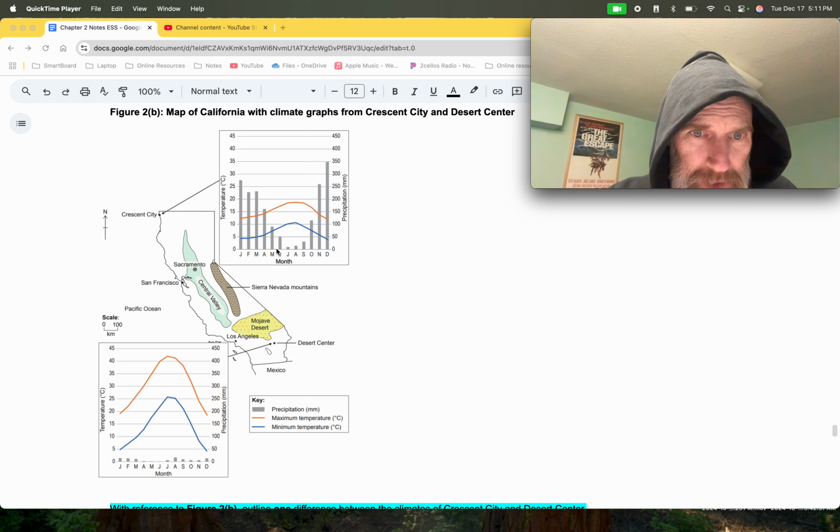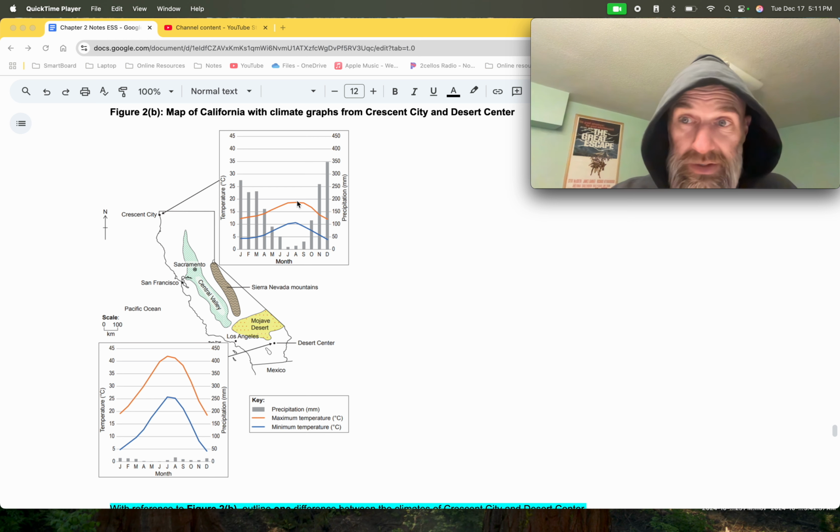January, February, March, April. All right, so the gray bars are going to be the precipitation levels. So precipitation is lowest in the summer months, and it's wettest during the winter months. It's also, right here, the temperature, low and high. It's going to be highest during the summertime.